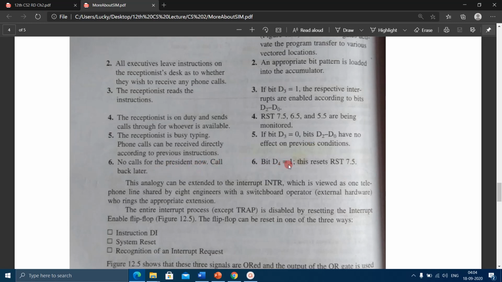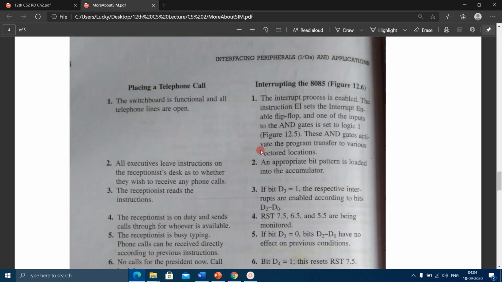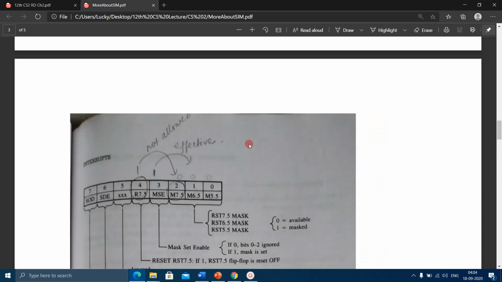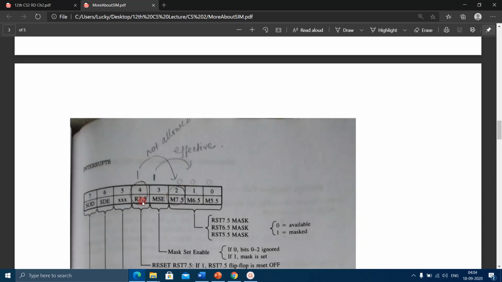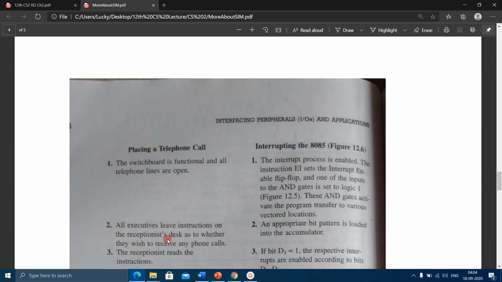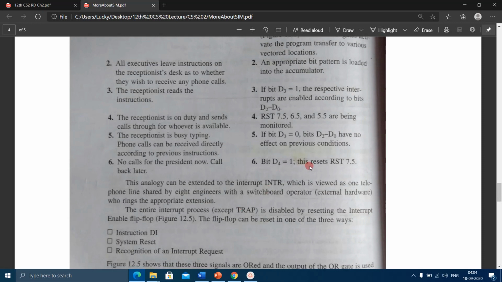Bit D4 is equal to 1. When this bit D4 is equal to 1, this resets RST 7.5. We had talked about this: even if RST 7.5 has been masked off, has been ignored, this D4 bit will be shown as pending.